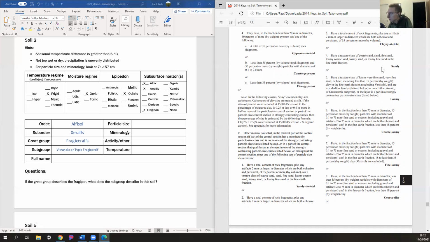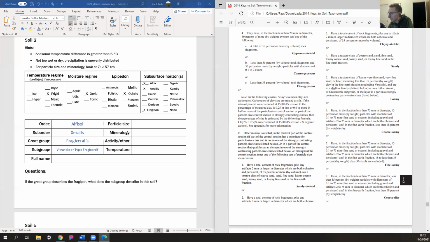So let's look at number 4 here, a texture class of coarse sand, sand, fine sand, loamy coarse sand, loamy sand, or loamy fine sand. So this is really the bottom left of the triangle where we're really sandy. We know it's not sandy. Okay, texture class of loamy very fine sand or finer. That is us, so that includes everything except the really sandy classes.